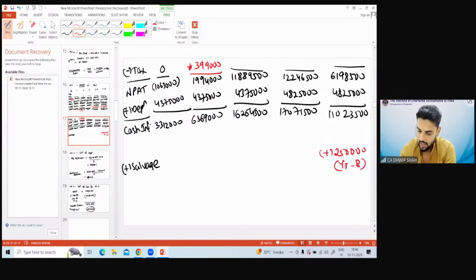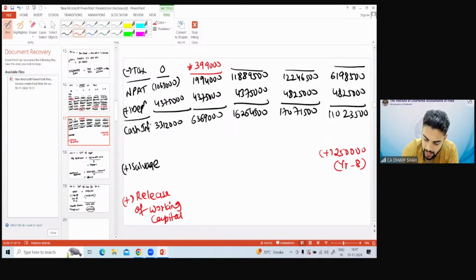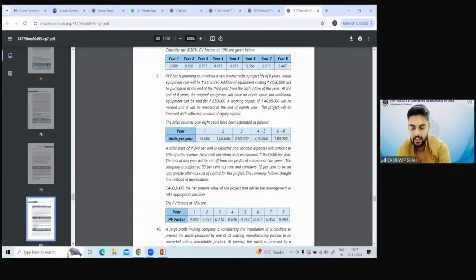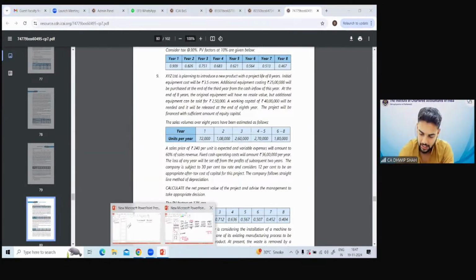And apart from this, don't forget, see another area of error. Release of working capital. The working capital that I have invested at the start of the project will be recovered back to me at the end of year 8, which is 40 lakhs.